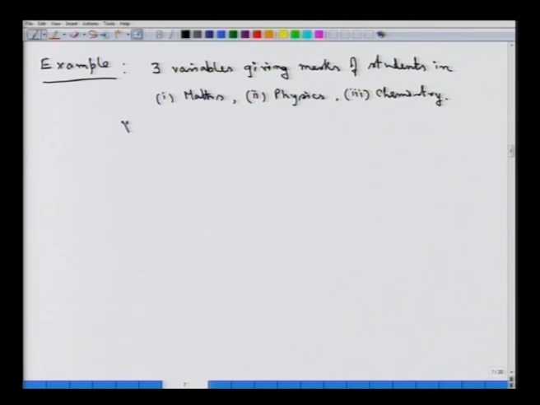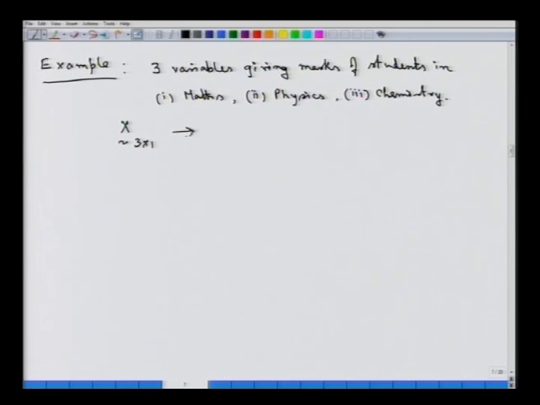So we have this x, which is a 3 by 1 vector corresponding to a particular student, where the first dimension gives the marks of maths, the second the marks of physics, and the third the marks of chemistry, say.